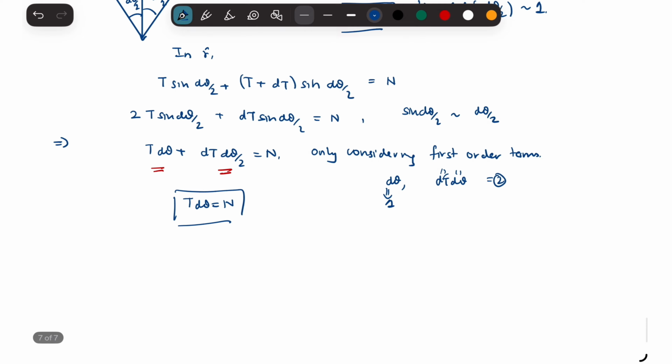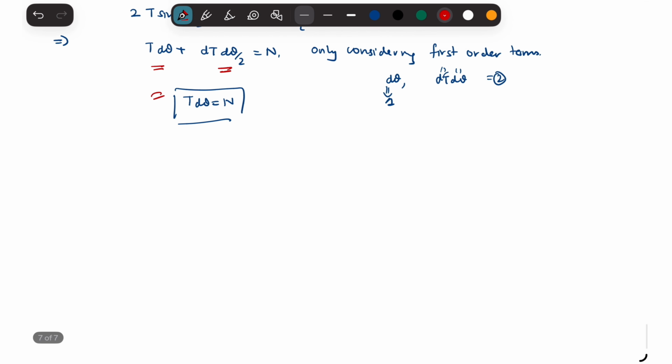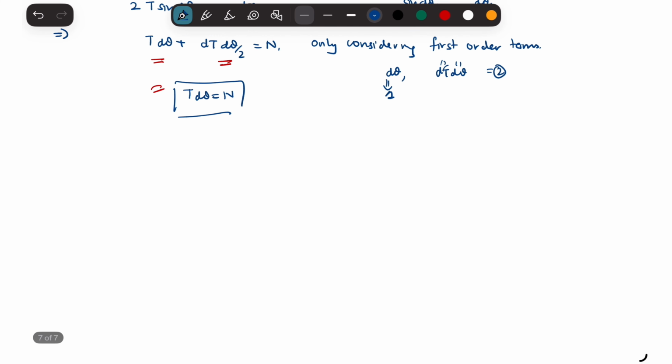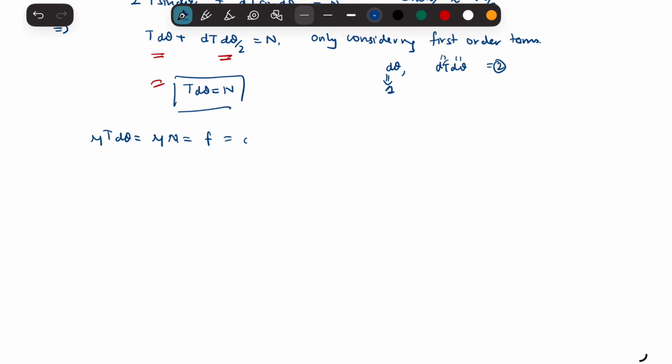So now we have two equations, this one and this one. By using these two equations, we know that mu times T d theta equals mu times N, that is equal to the friction, and friction is equal to dT.